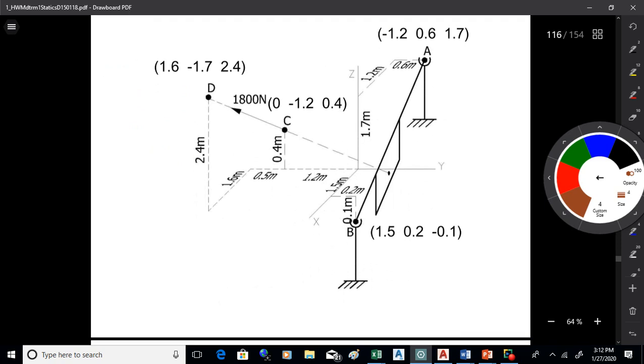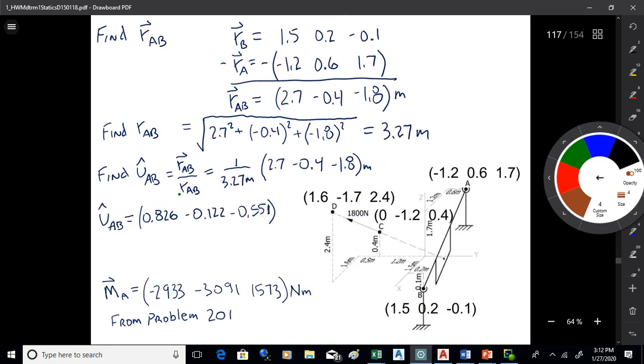What we're going to do here is fairly straightforward. We're going to find a unit vector that goes from A to B. So I'm taking R_B and subtracting off R_A. Remember, if you want to go from A to B, you take B minus A. You have to remember to switch the letters around. So to go from A to B, it's 2.7, negative 0.4, and negative 1.8.